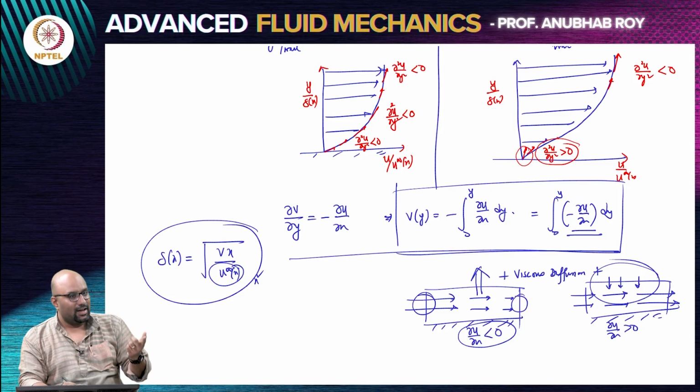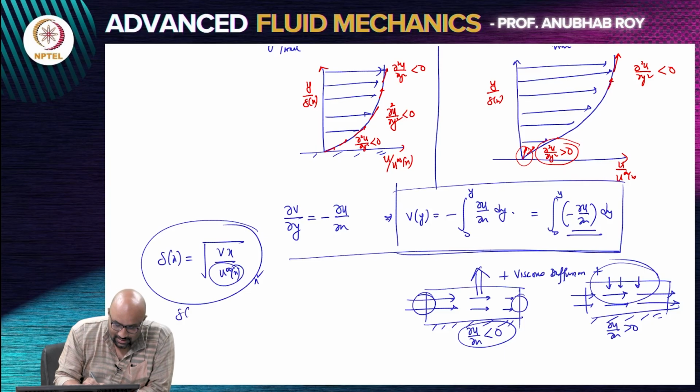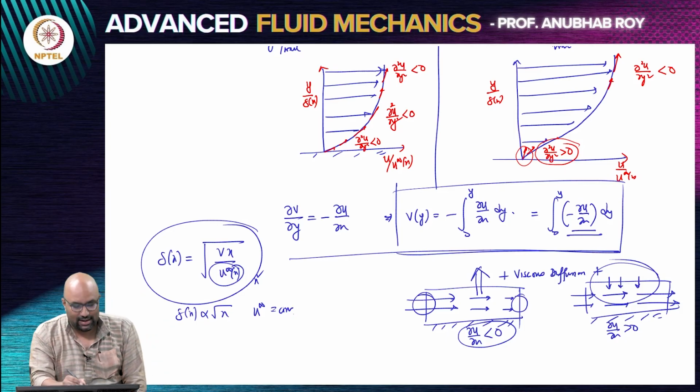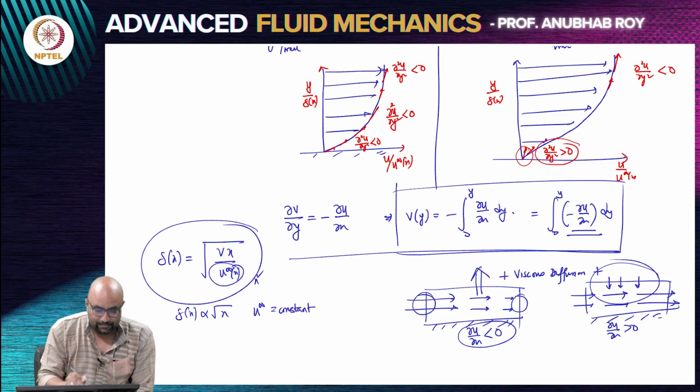In the same way, if you do the other scenario where u infinity of x is decreasing as you move in x, then delta of x will continuously keep increasing. It will increase faster than root x. Delta of x goes as root x when u infinity is a constant. There is neither an acceleration nor a deceleration.